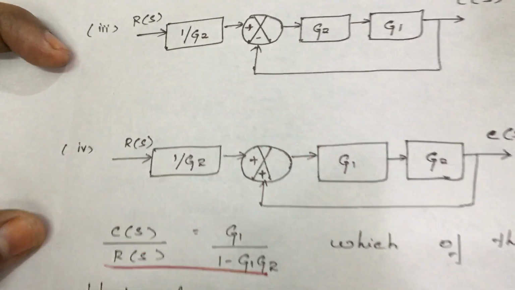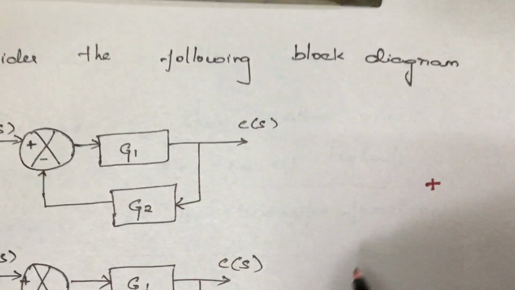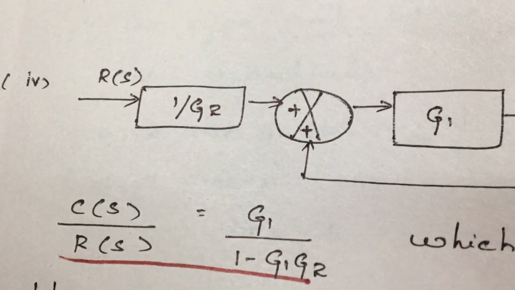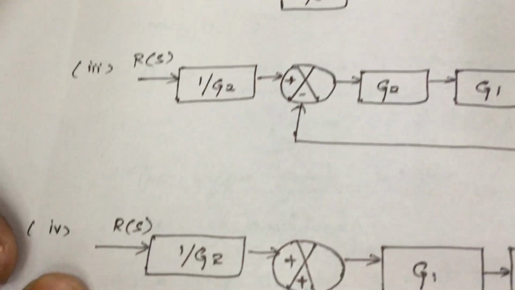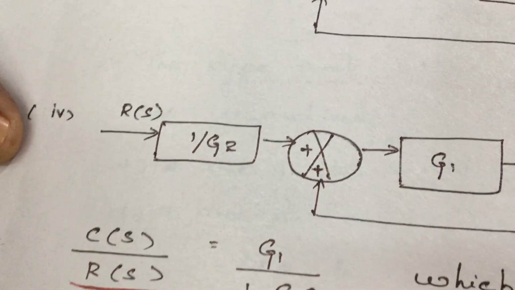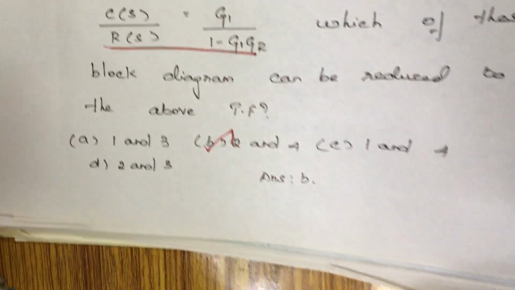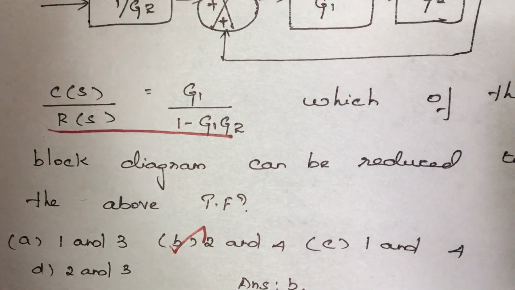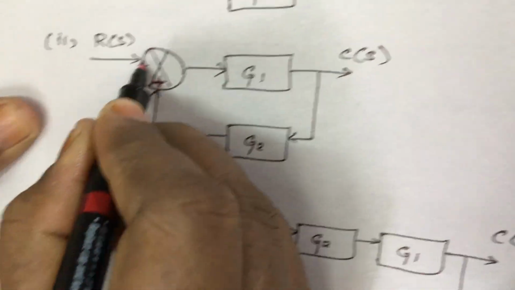So what we know is that if the feedback is positive, we obtain the transfer function output as negative, right? In these two cases, option 2 has the feedback positive and option 4 has the feedback positive, right? So the answer is option 2 and 4. Generally, without any simplification, from the provided options, you can simply select option B by means of the feedback plus and plus.